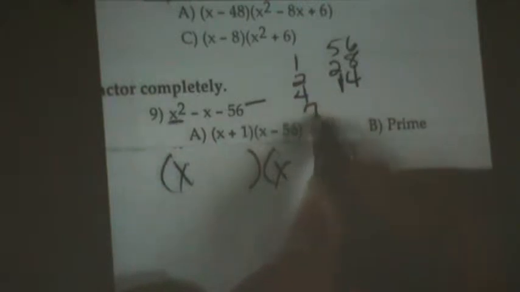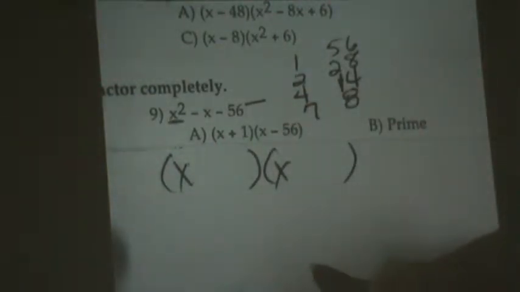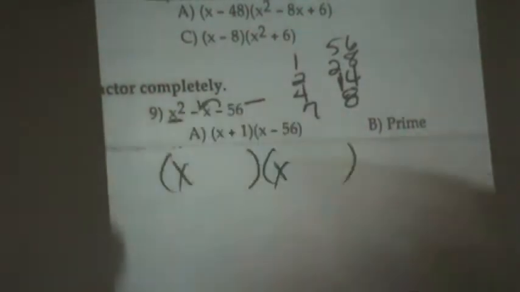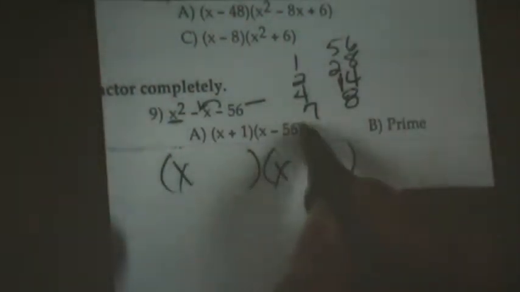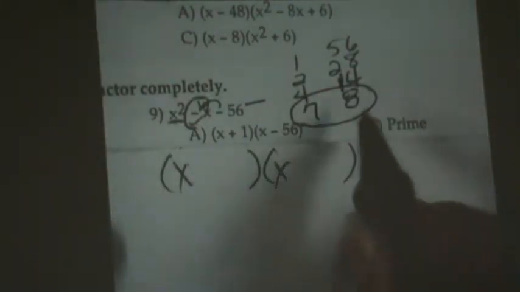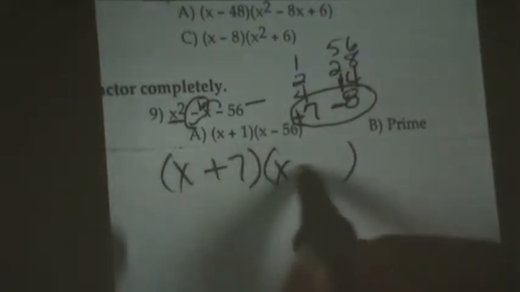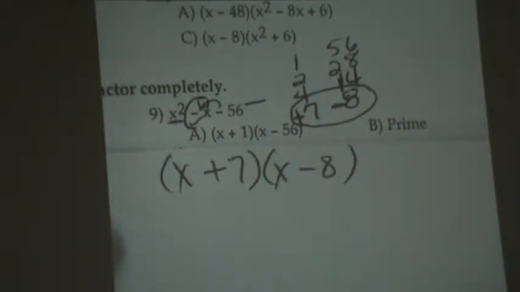To get 56, 1 times 56, 2 times 28, 4 times 14, 7 times 8. Which one subtract to give you a 1? 7 and 8. How are you going to get a negative 1? You need a negative 8, right? Negative 8, positive 7. So there's your factors.